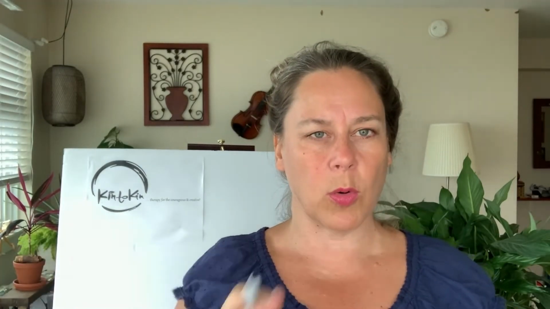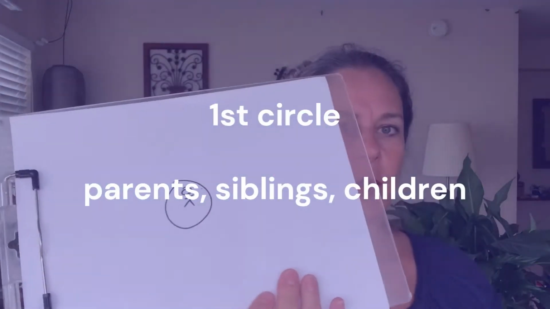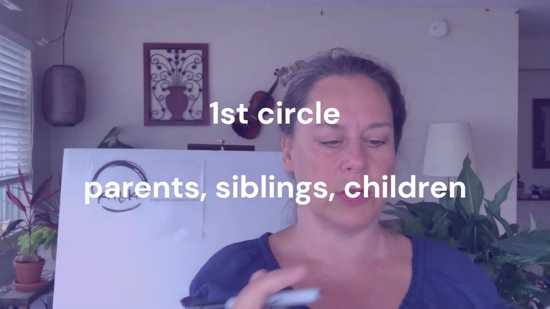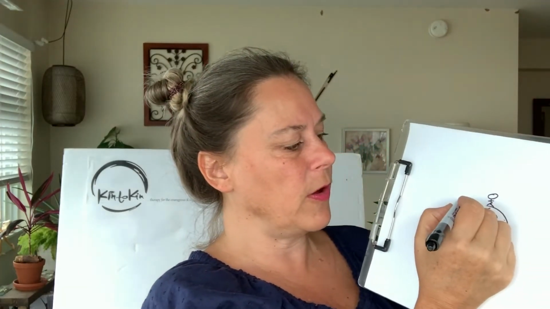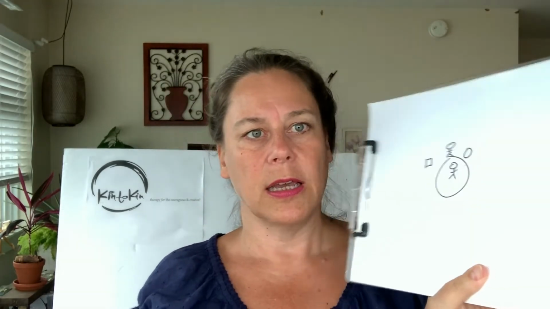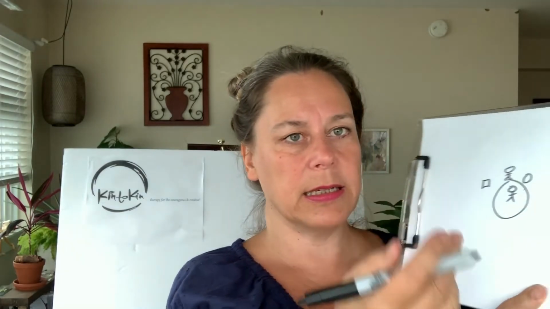So just for orientation. And so your first circle is going to be your parents, siblings, so you can list them here, your mother or father. And in fact, for the father, you can go squares, for your mother, you can go circles, and then any siblings, same.